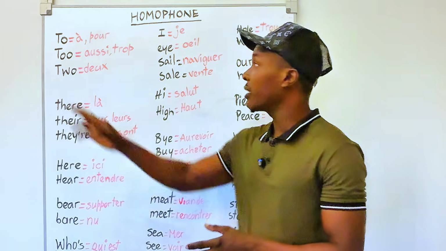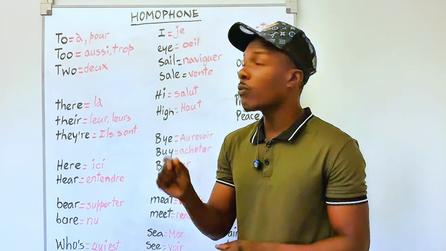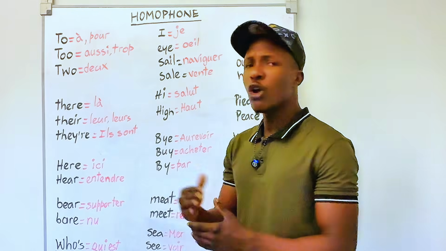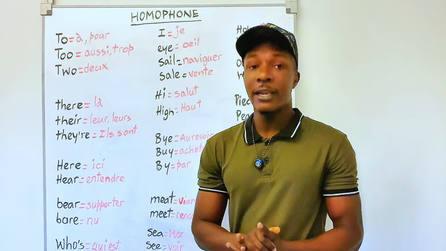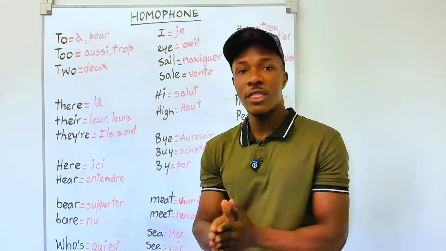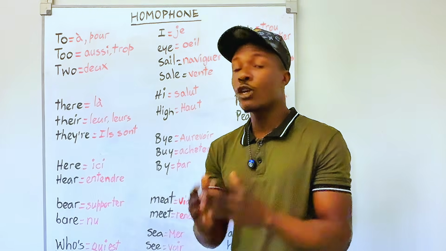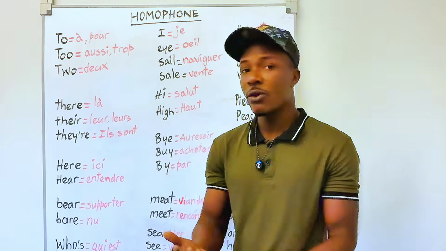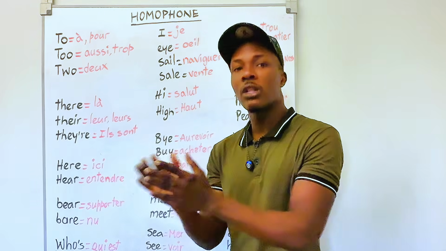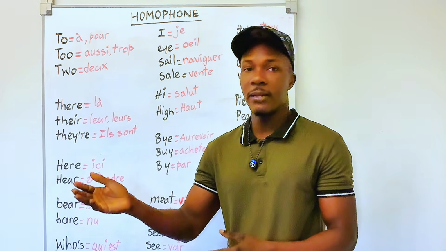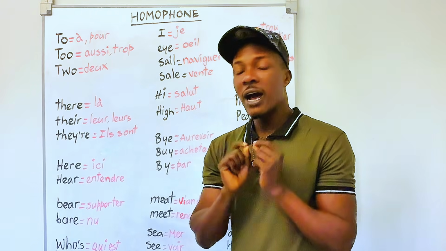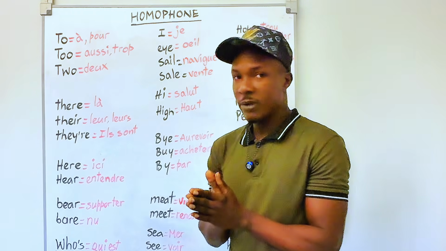The first one is to, T-O, which means à in French, and pour, go to school, aller à l'école. So we use "to" with a verb of movement like go, and we also have move and so on. So you say go to school, move to Cap Haitian. You use the preposition "to" after a verb of movement.